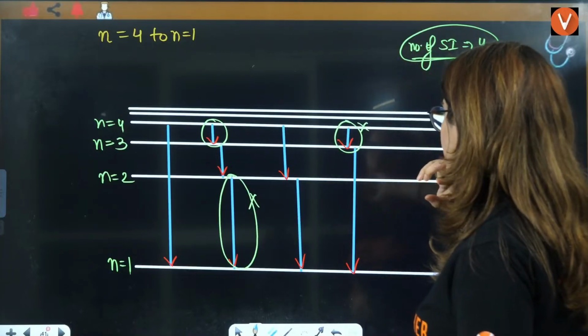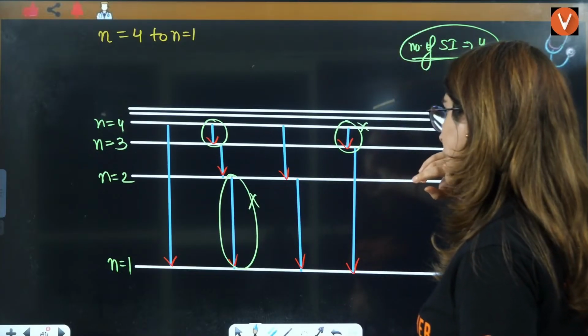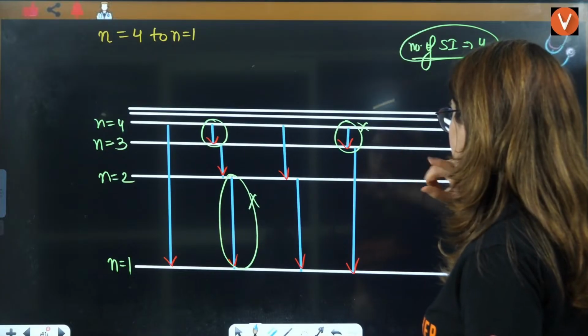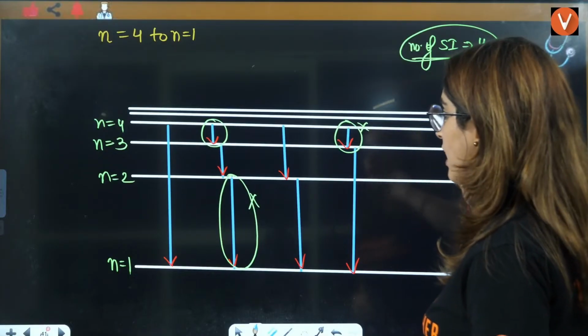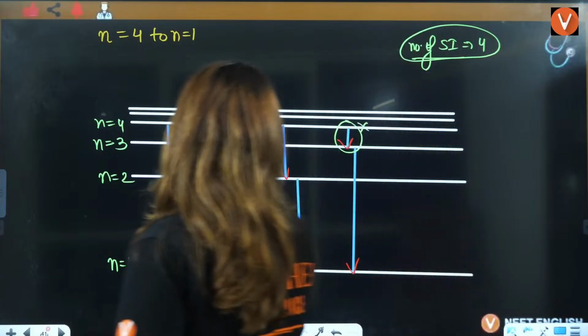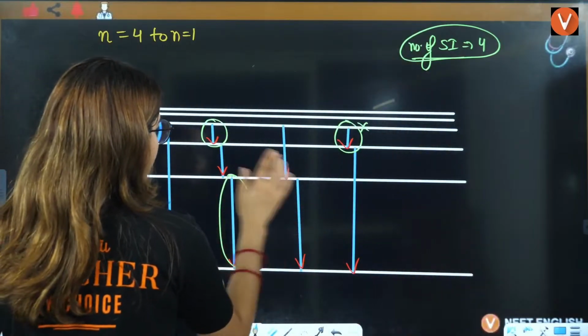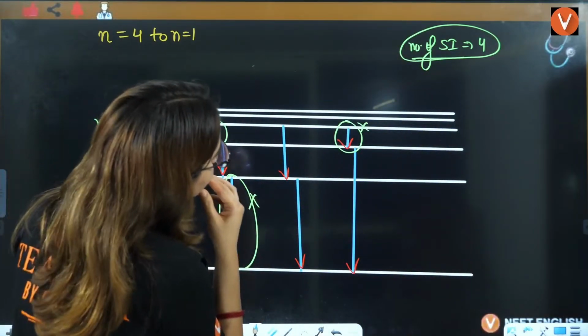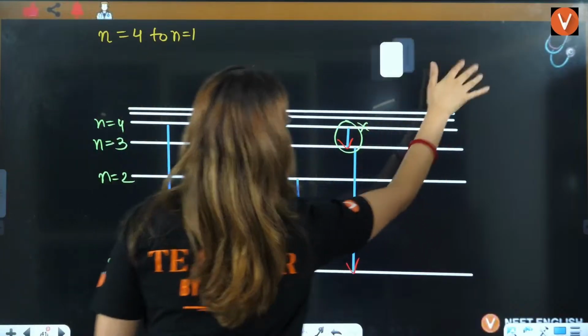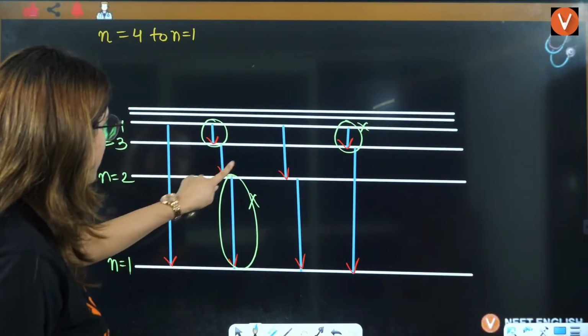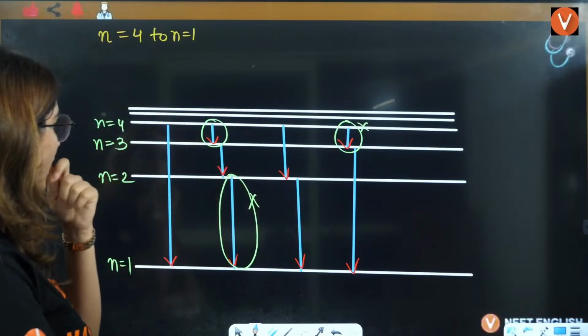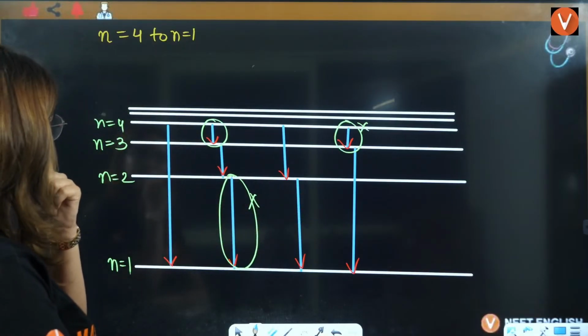Then it can go from 4 to 3. There will also be some other unique line here, right? 1, 2, 3, 4, 5. There is one more. Why are we calculating the wrong one? There is also one more unique line here that we are missing, right?